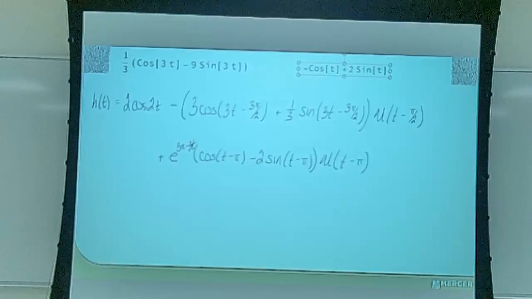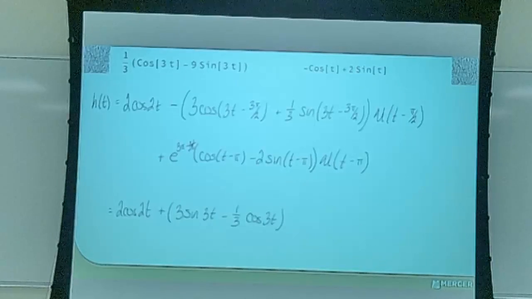So I'm going to rewrite this. I'm going to put a plus because I'm also going to distribute that negative through. I can't fit it.